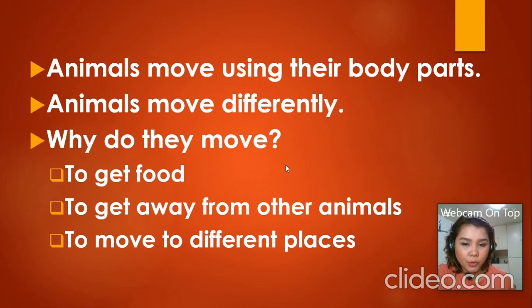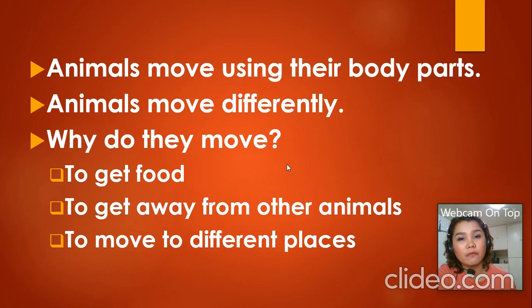First is to get food. They look for food, so they move from one place to another. And then to get away from other animals, especially those who will put them to harm, so that they will not be eaten or attacked, so that they will be safe. And then another is to move to different places.